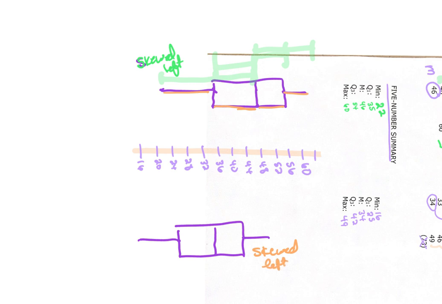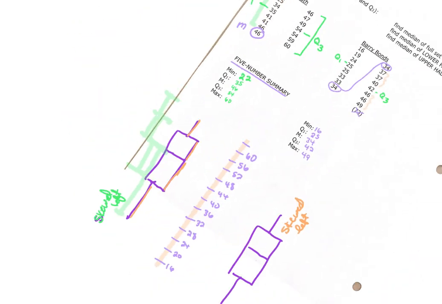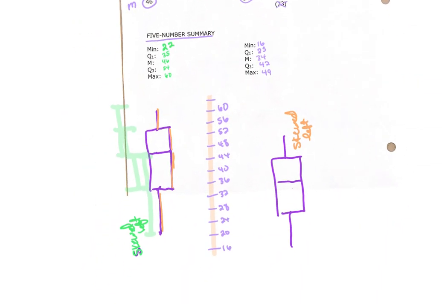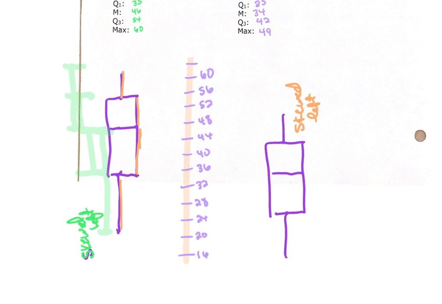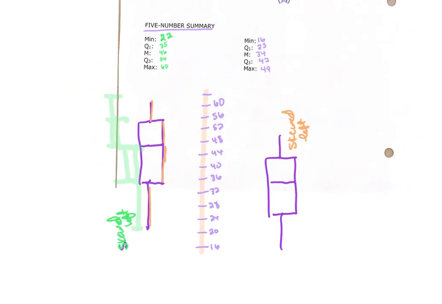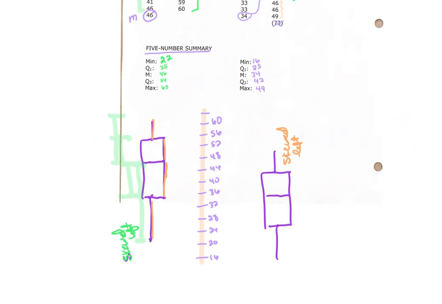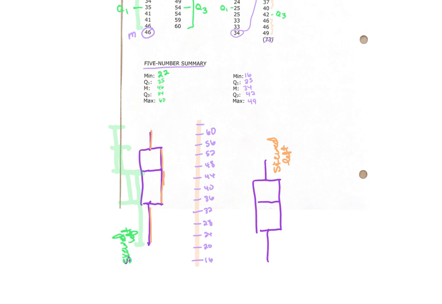Okay, what are some other comparisons? I'm going to flip this back so we can look at it this way. What are some other comparisons that you could make between these two graphs? Like look at Q3 for Barry Bonds. How does that compare to the median for Babe Ruth?